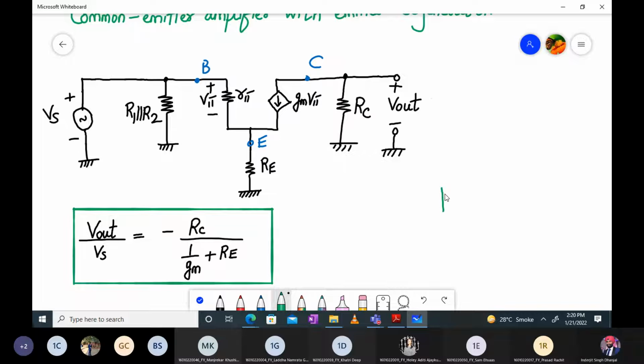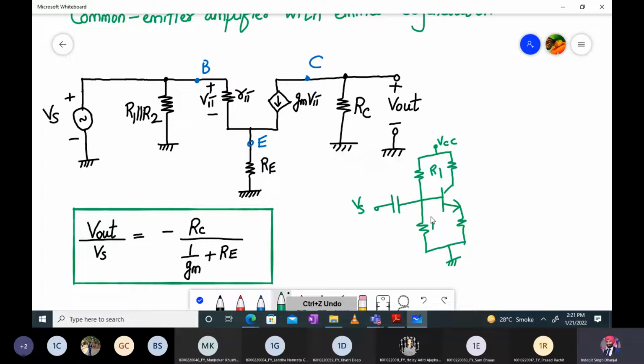If you have a simple amplifier, which looks something like this, let me draw that and show it to you. So you have a voltage divider bias over here. You have R1, R2, RE. This is VS, this is VCC, R1, R2, this is CC1, and this is V out, CC2, RC, and RE.